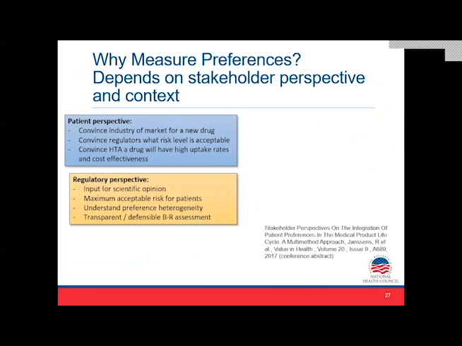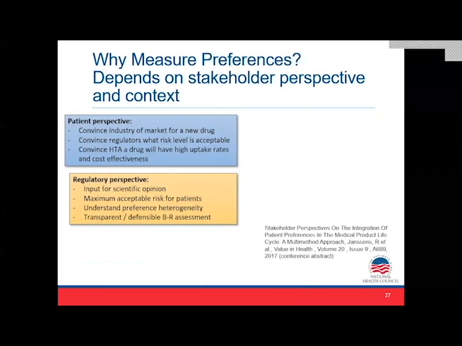Preferences are clearly not the same amongst the population of patients, and sometimes there may actually be definitive subgroups where different groups of patients would make totally different decisions just based on their personal preferences. And regulators really need to understand that. Ultimately, regulators do have to make a benefit risk assessment, and they have to defend it. It becomes a public issue.